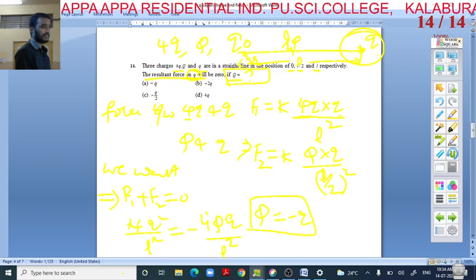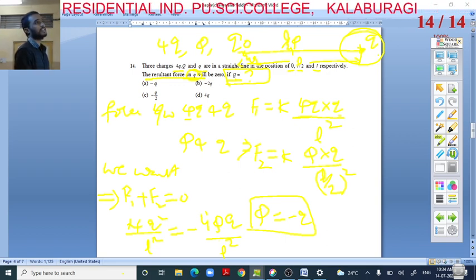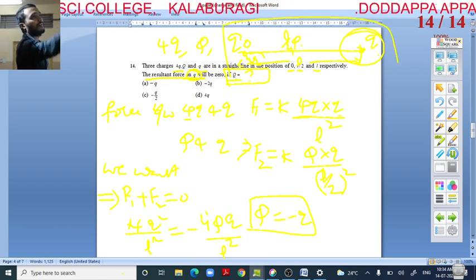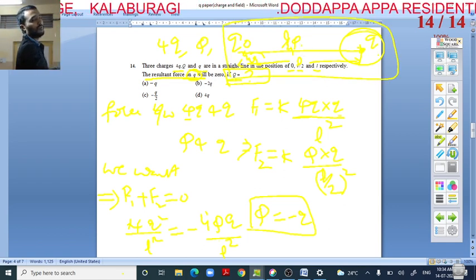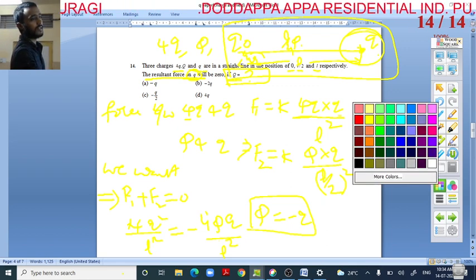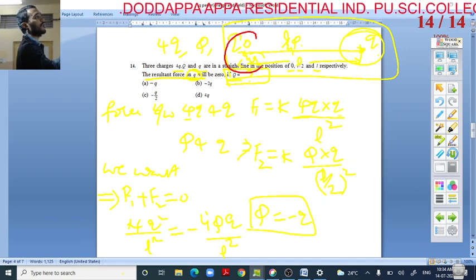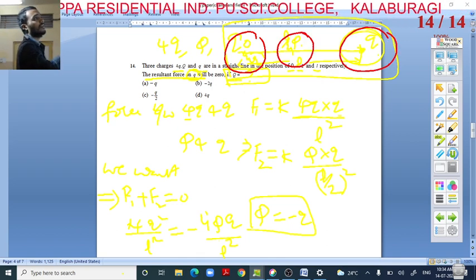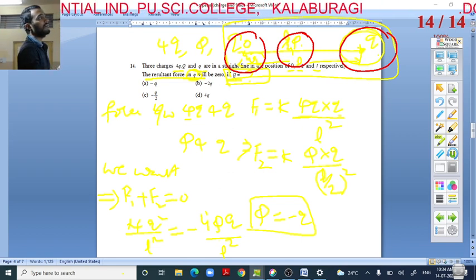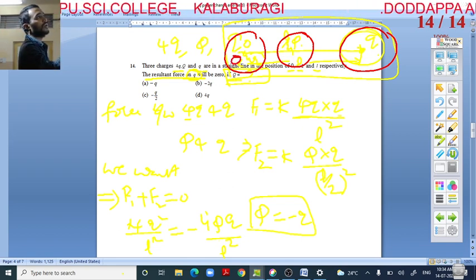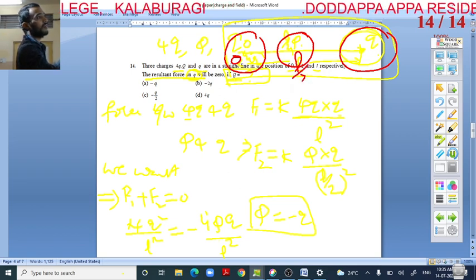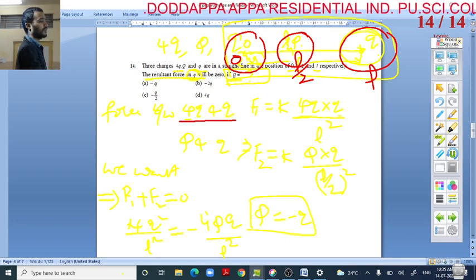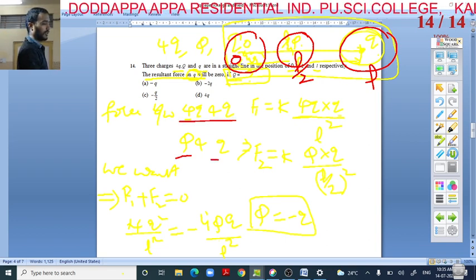I hope you are getting this. This is what we have done here. See, 4Q, this is capital Q, this is small q. They are along a straight line with distances 0, L by 2 here, and here L. We defined the force between these two charges and the force between capital Q and small q.